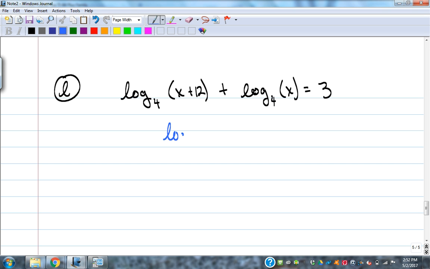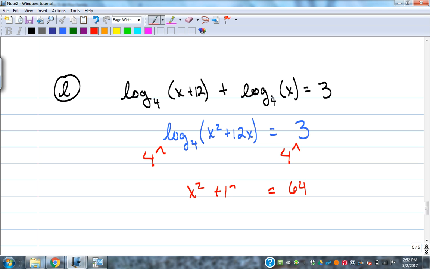So that's log base 4 of x squared plus 12x. I just go ahead and multiply that together. And then how do I get rid of the log? Exponentiate with 4. 4 to the third power is 64. X squared plus 12x equals 64.